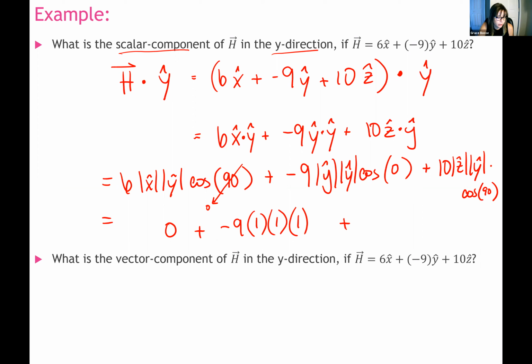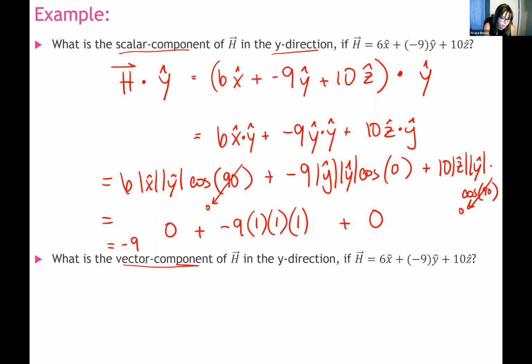And then this last term, 10 times the norm of z hat times the norm of y hat times the cosine of 90 is going to give us a big fat 0 because the cosine of 90 is 0. So my final answer is just negative 9. And that's how you get it. You dot it with y hat because that was the direction that you cared about. That's how you get the scalar component of any vector.